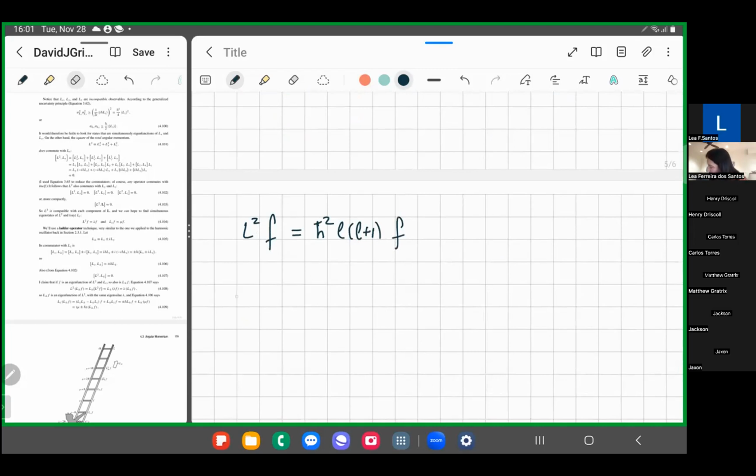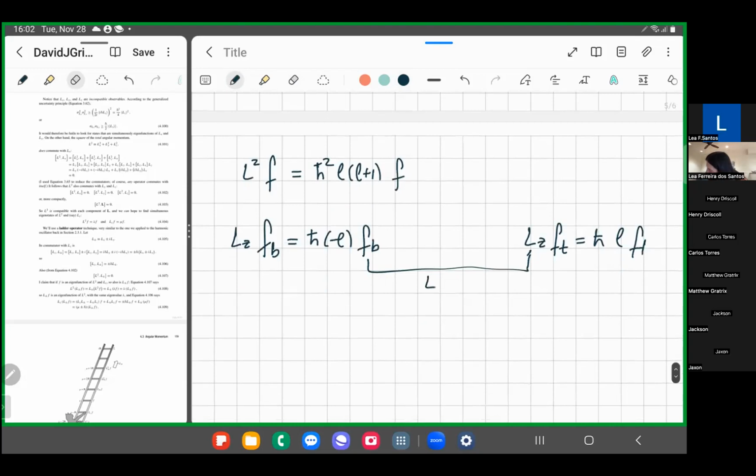Now, we found that the eigenvalue for Lz for the bottom one, and your book just put B, okay? So I'll put it B also. Now we already convinced that this is the bottom. So the eigenvalue for this one is ħ times minus L, okay? And the eigenvalue for the top one is ħ L. How do I go from here there? We go on applying the L plus.